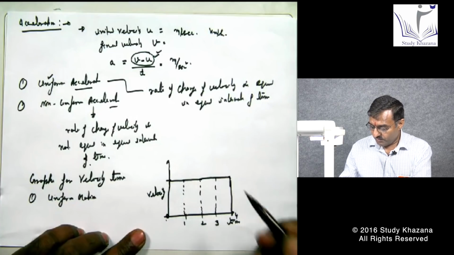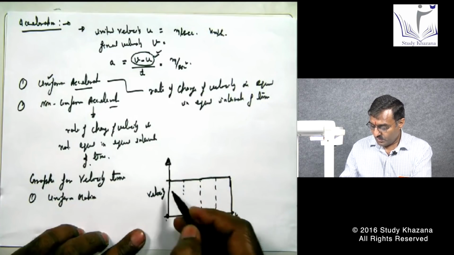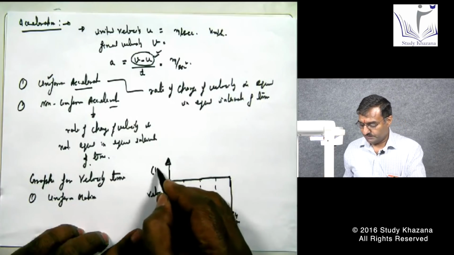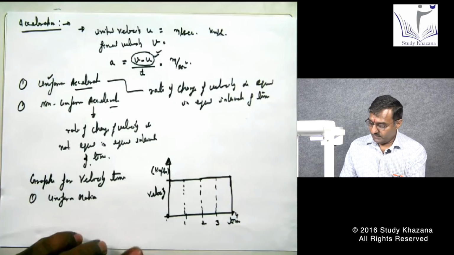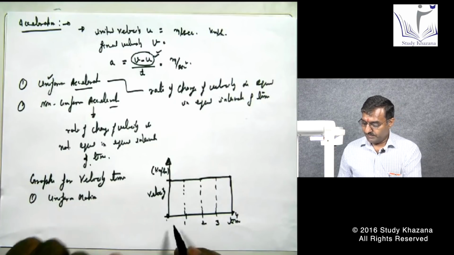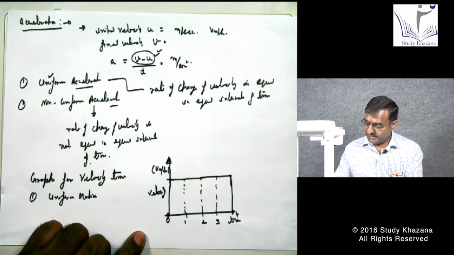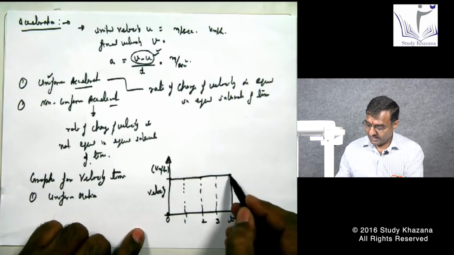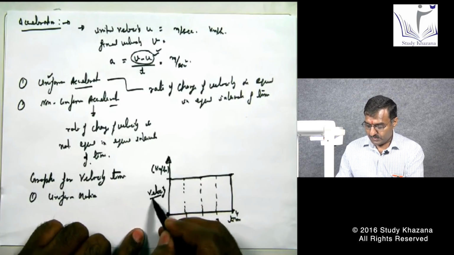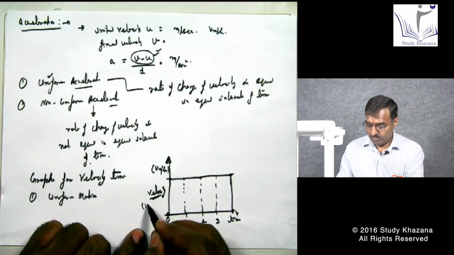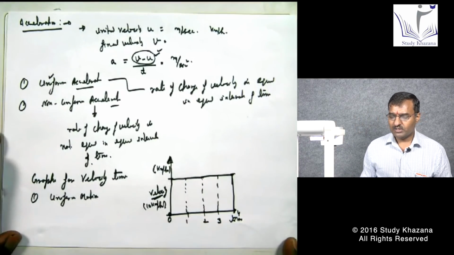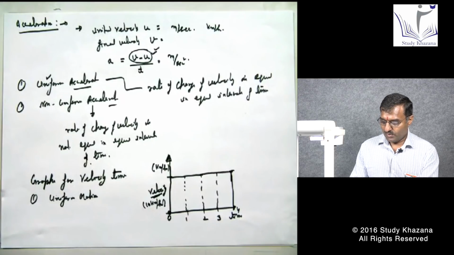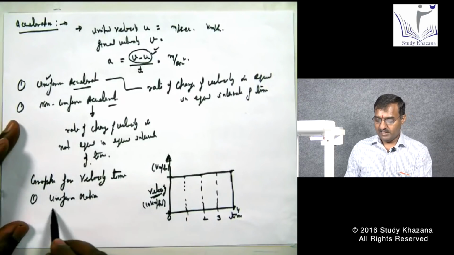This is our velocity, say in kilometer per hour, starting from 1. Now if I consider this velocity, say 10 kilometer per hour.